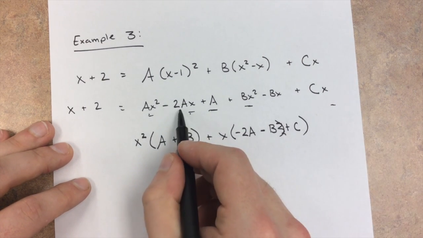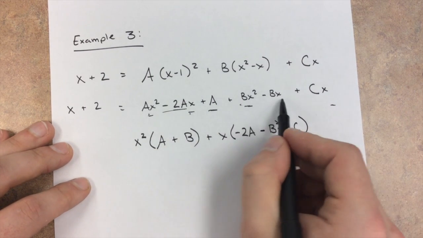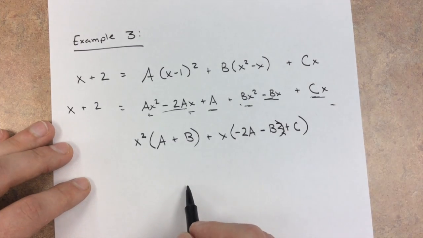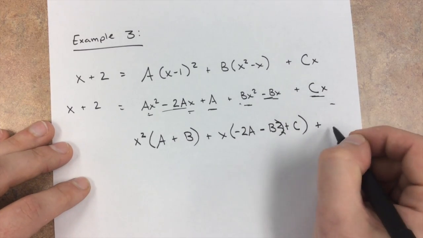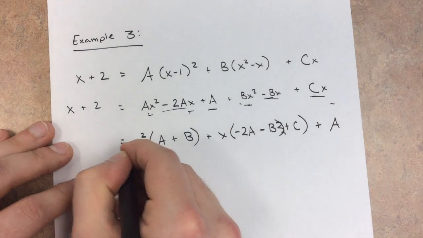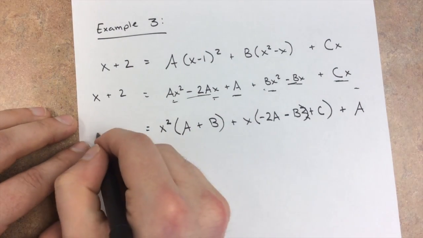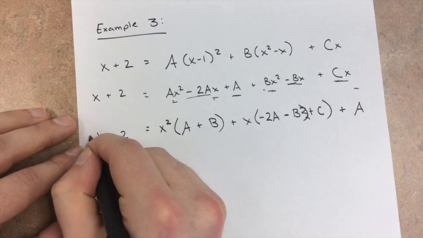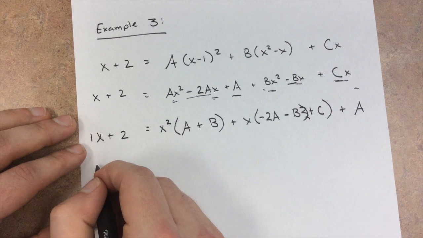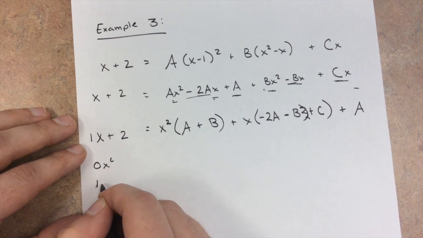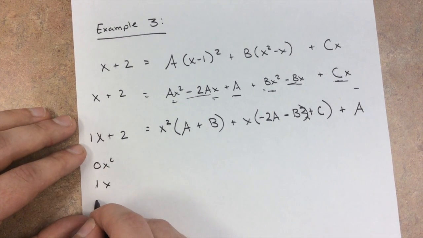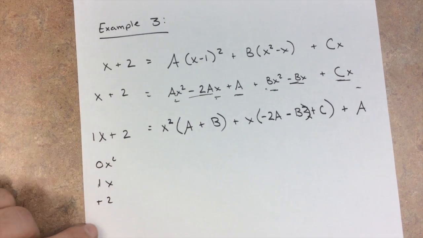Those are all of my x's. That's the a term, that's the b term, that's the c term. And then what's left? Plus a. And what's that equal to? I have x plus 2, which is a 1x. So you have 0 x squareds, you have 1x, and you have one number, which is 2.